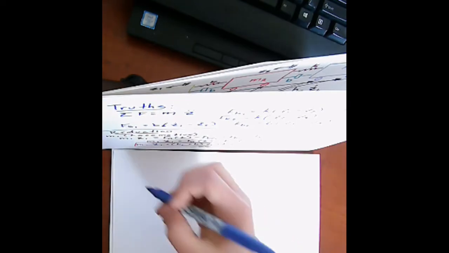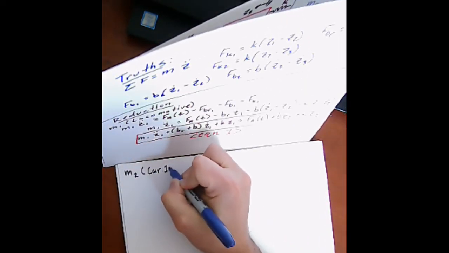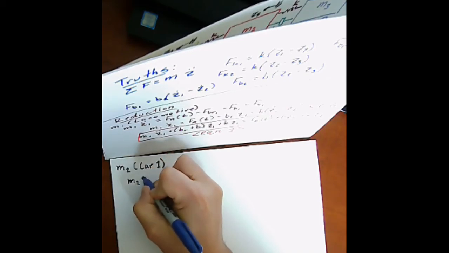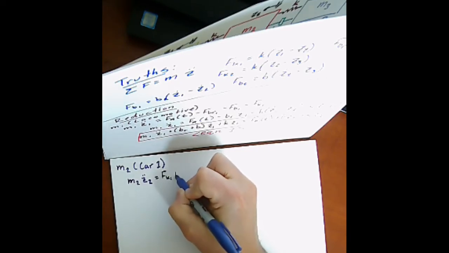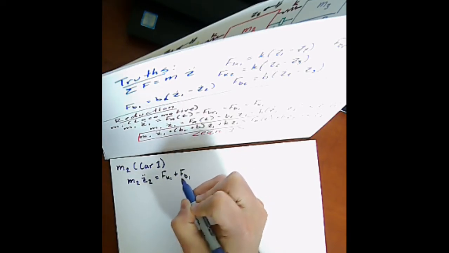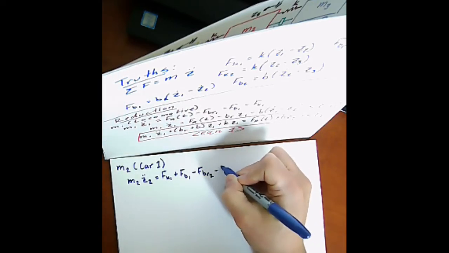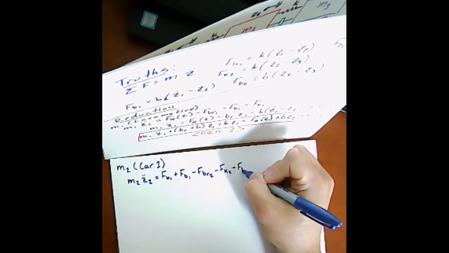All right. So let's talk about mass 2, or car 1, as we have called it. Okay. So if we're talking about M2, well, let's start there. M2 Z double dot 2 is equal to FK1 plus FB1 minus FBR2 minus FK2 minus FB2, right?